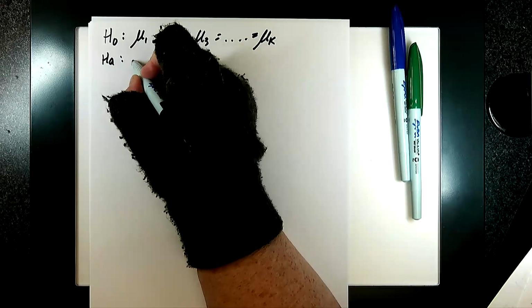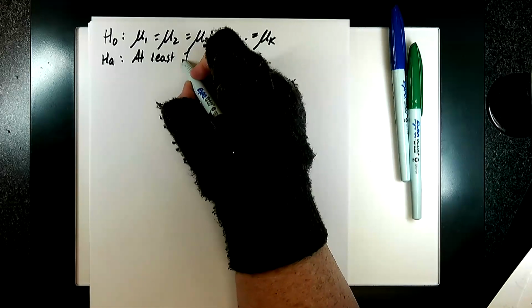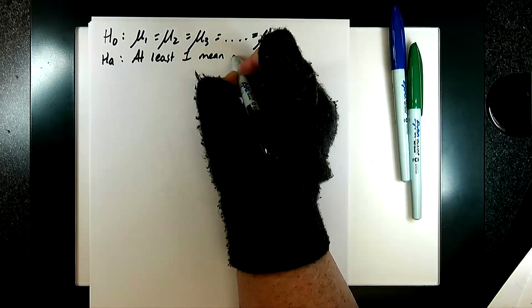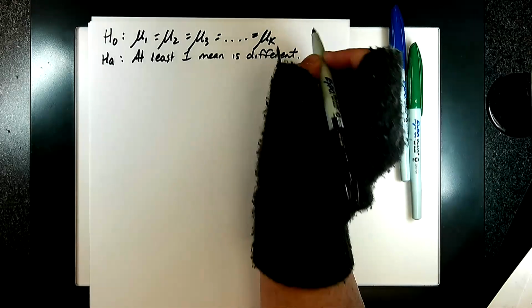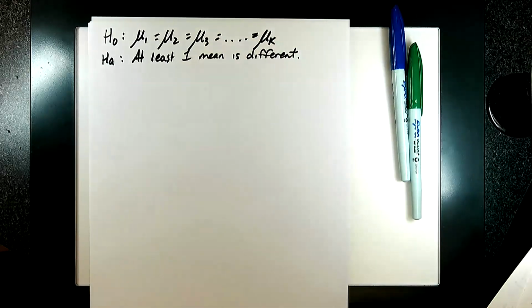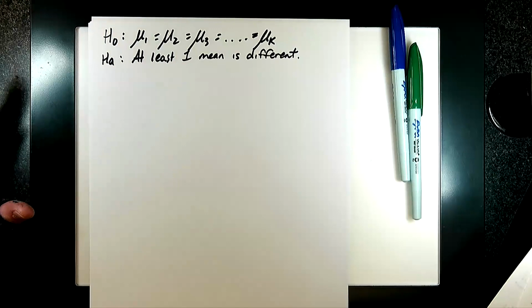HA is at least one mean is different. You don't need a bunch of equal signs for this. If there's 4 groups, if there's 10 groups, and the first 9 groups all have the same mean, but the 10th group has a different mean, it fails the test.